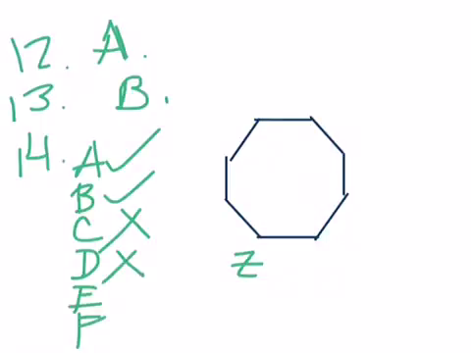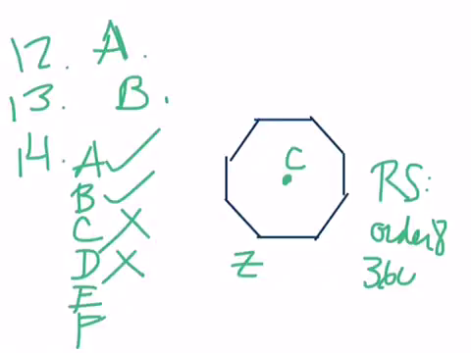Okay, then what about rotating 135 and 90 around point C? Now point C is the center, so that's good. Do those angles work, though? And here's what we know. Regular octagon, the rotational symmetry order is 8. So if we divide 360 by 8, we get 45 degrees.